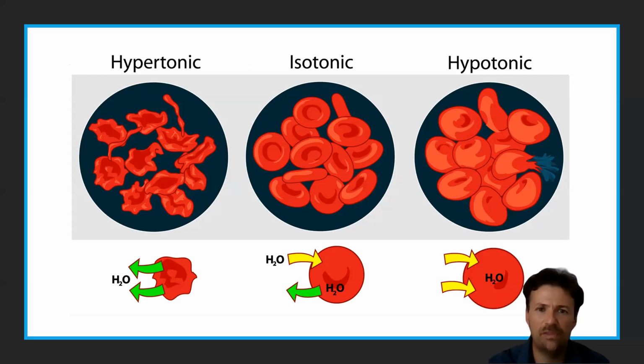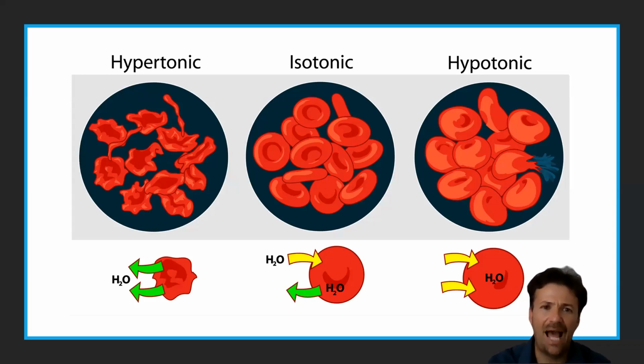Generally, we think about the inner solution of cells as being about 300 milliosmoles. So if you place a red cell in an isotonic solution, that means the solution is also about 300 milliosmoles. And the result is the amount of water entering and leaving the cell will be the same, and so the volume of the cell will not change.